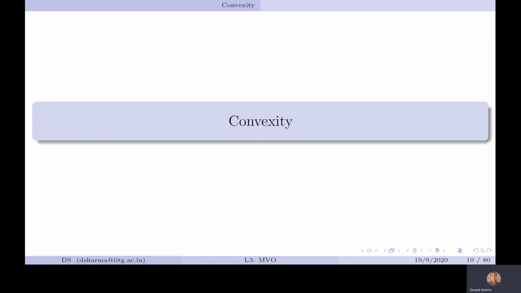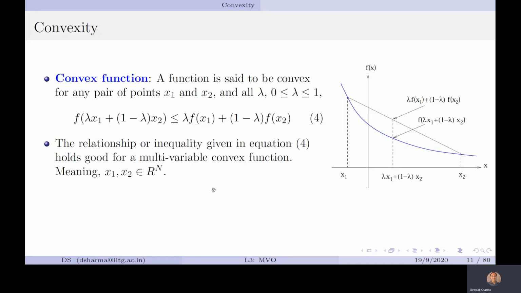Now coming to convexity, it is an important property. We should remember that. So first of all, what is a convex function? As it is written here, a function is said to be convex for any pair of x1 and x2 and all values of lambda lying between 0 and 1.